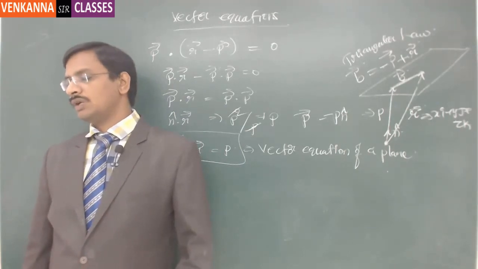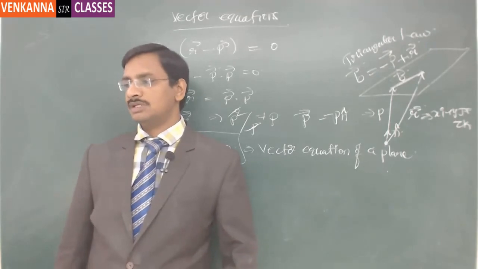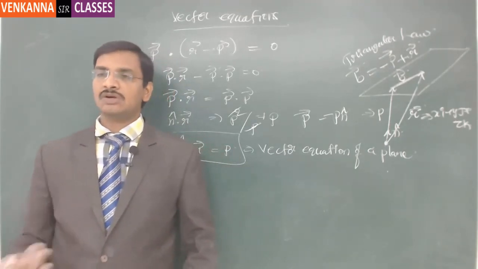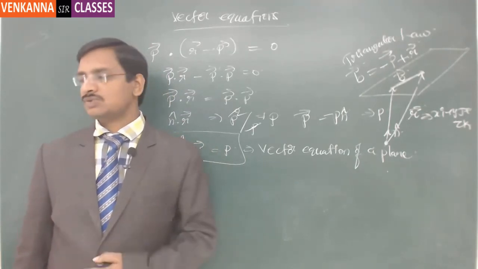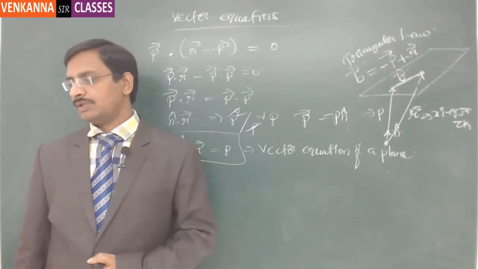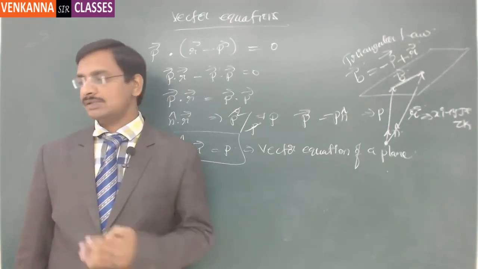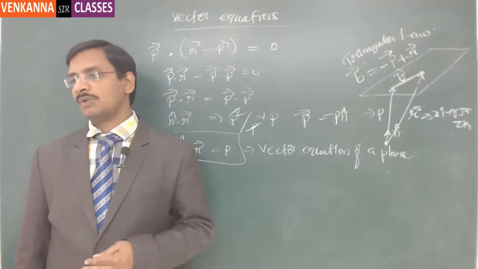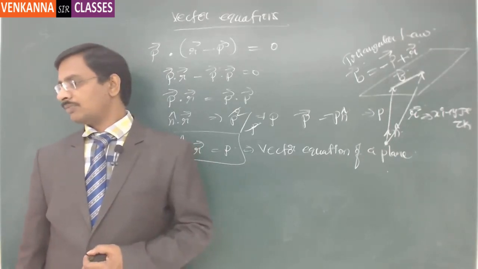Don't worry about these things. Those who started late, maybe in December or January, for them it will continue. There is a serial order that we are following, so everybody's classes will be taken in a serial manner. The next topic is linear programming.